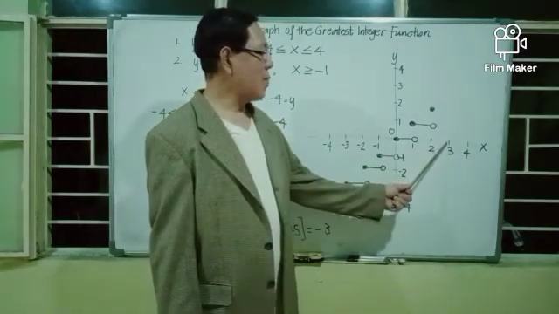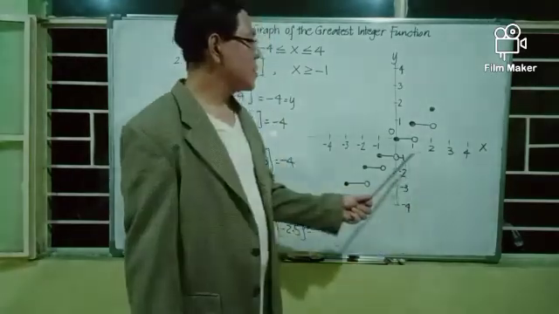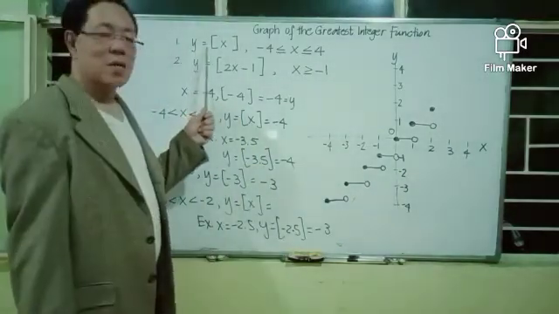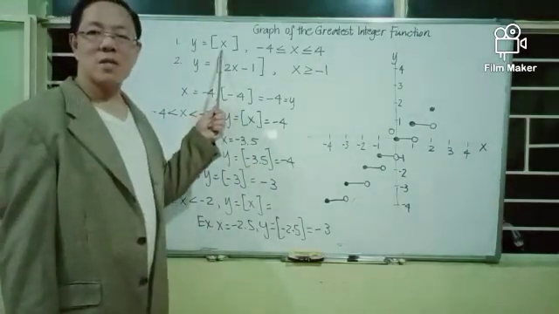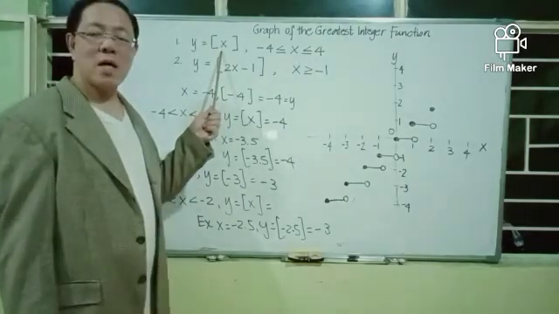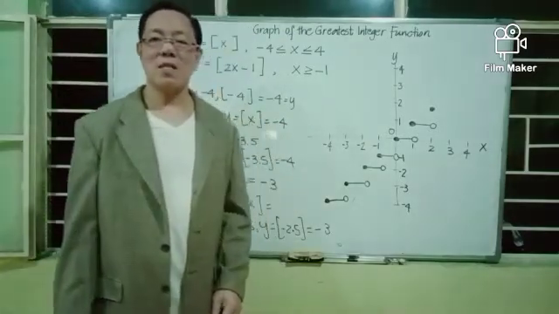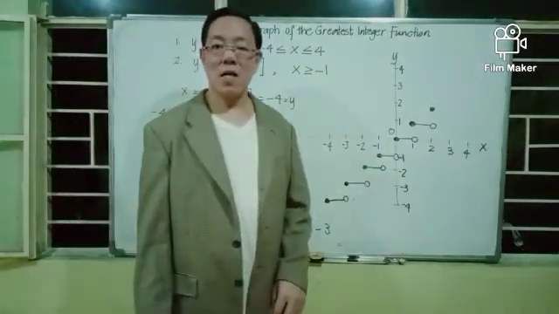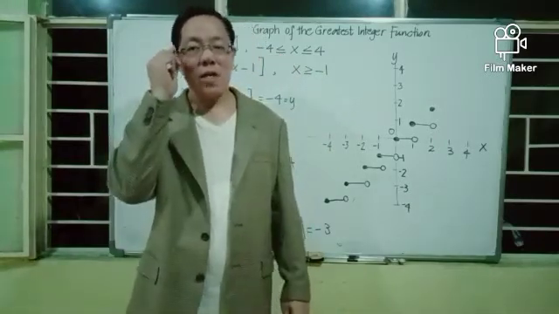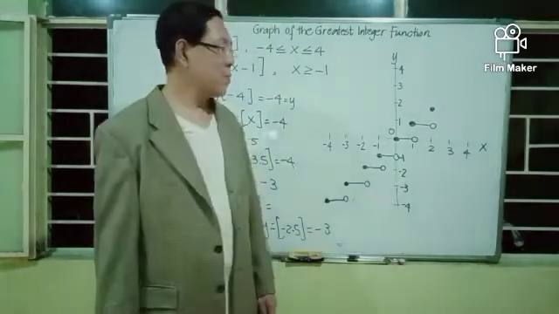If you take a number very close to 3, say 2.99, if x is 2.99, the value of y is the greatest integer function of 2.99, or the floor of 2.99. And the floor of 2.99 is the greatest integer less than 2.99, and that integer is 2.